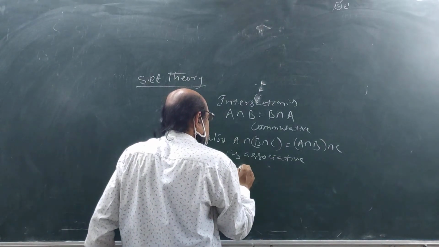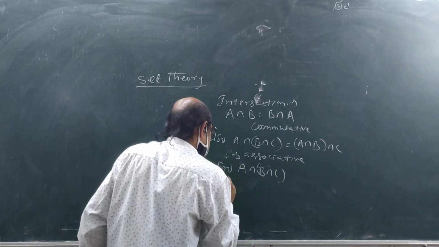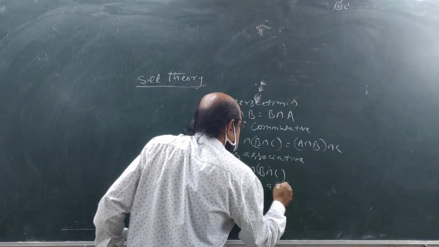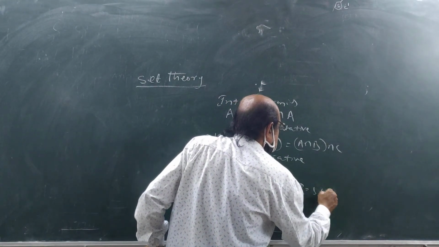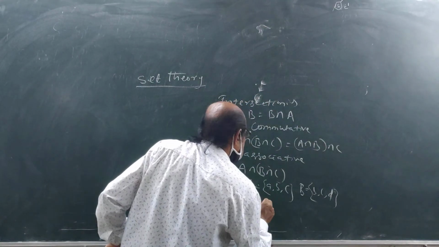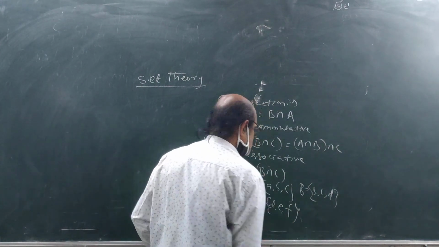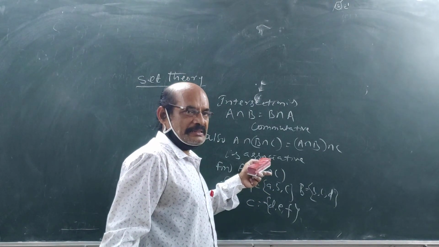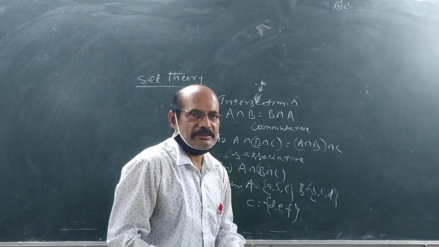Find A intersection B intersection C from A equal to {a, b, c}, B equal to {b, c, d}, and C equal to {d, e, f}. So these are the homework. Please kindly perform them. In the next class, I will discuss more about set theory. Thank you very much.